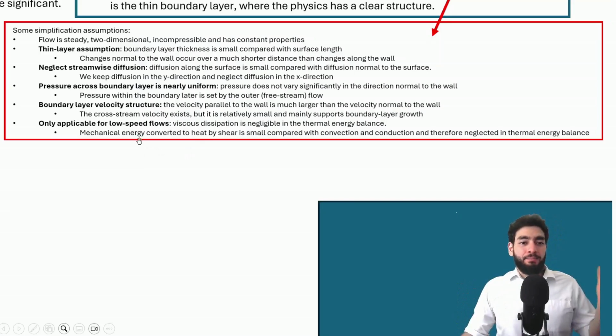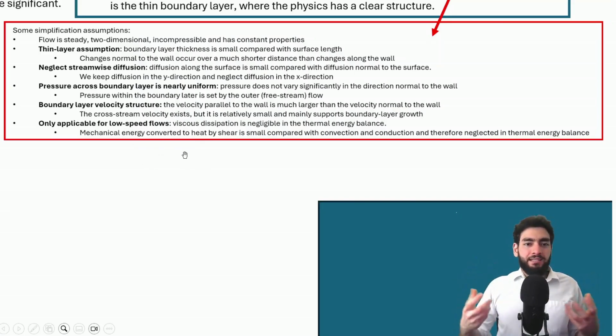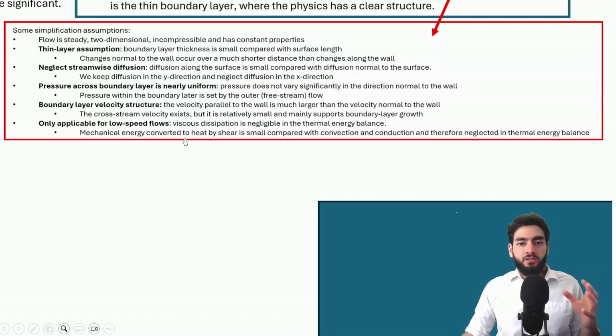Remember how I said that the mechanical energy, let's say of a pump, gets converted to heat by viscous dissipation. What I'm saying here is that in order to simplify the solution for the conservation equations that we're going to see the results of, we're going to make an assumption that the viscous dissipation heat is negligible, and so it won't be considered in the energy balance.